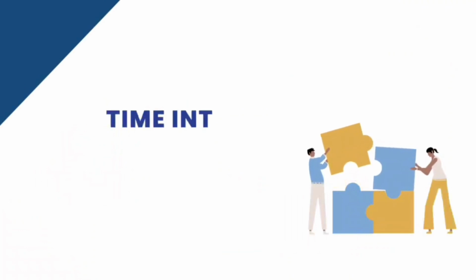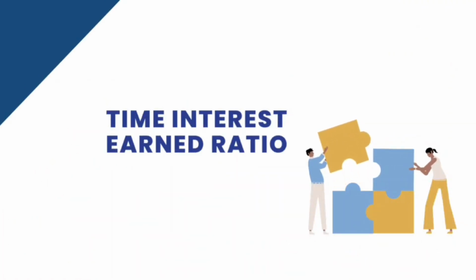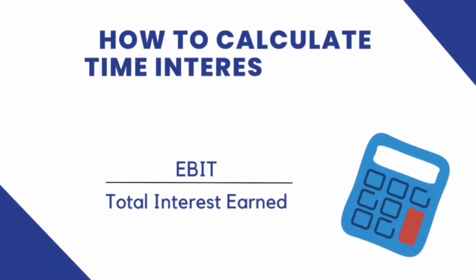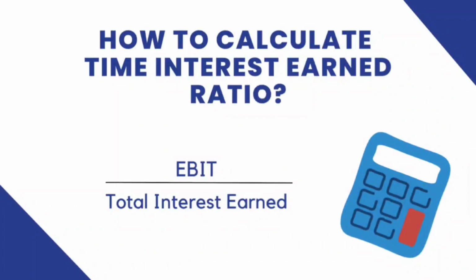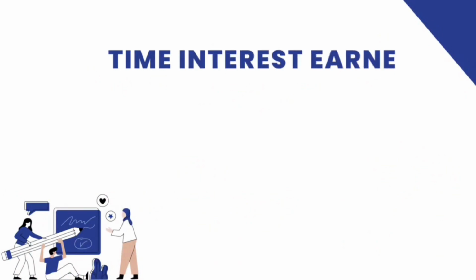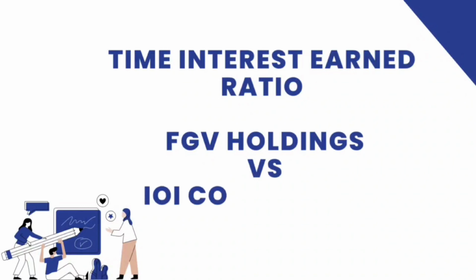Last one for the leverage ratio is times interest earned. To calculate times interest earned, it is earnings before interest and tax, also known as EBIT, divided by total interest expense. Let's take a look at times interest earned between FGV Holding and IOI Corporation.